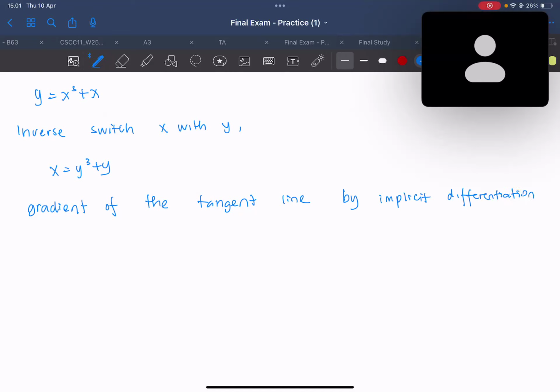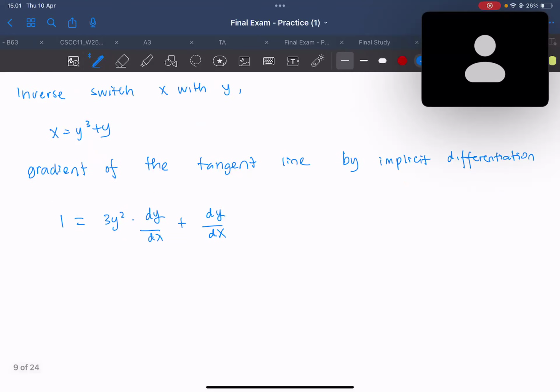Then it becomes 1 equals 3y squared, and don't forget to times by dy over dx, plus dy over dx. And this one we can easily solve for dy over dx. So we get dy over dx times (3y squared plus 1) equals 1, which is the same thing as dy over dx equals 1 over 3y squared plus 1.